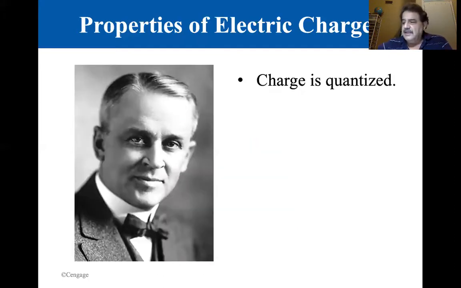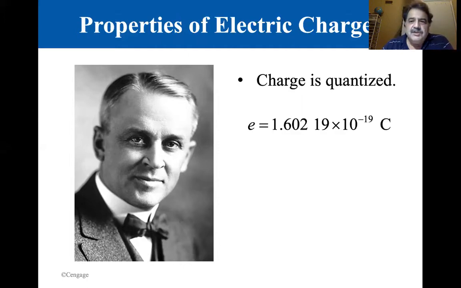Charge is quantized. I am losing my notes. This is a picture of Robert Millikan. In 1909, Robert Millikan discovered that if an object is charged, its charge is always a multiple of a fundamental charge, e. Charge is quantized, and e is equal to 1.60219 times 10 to the minus 19 coulombs.